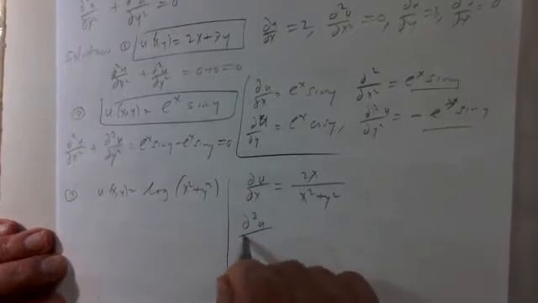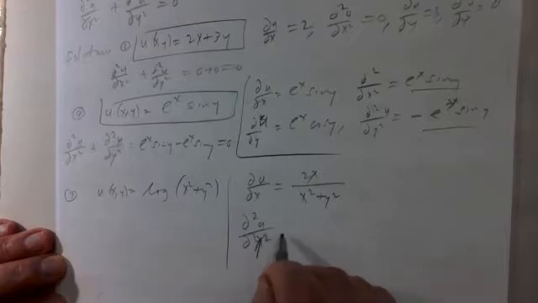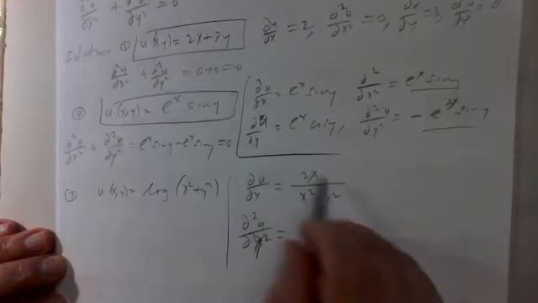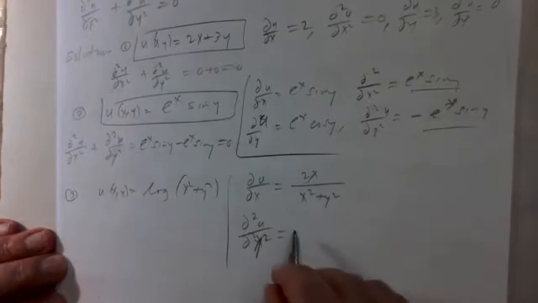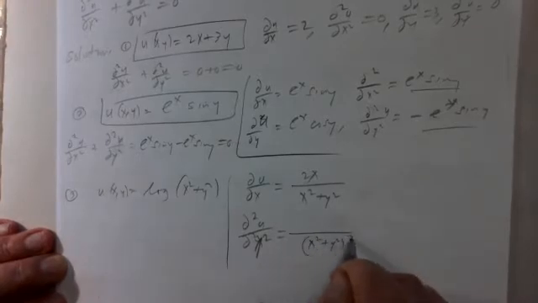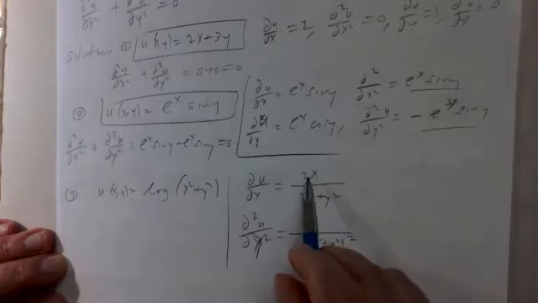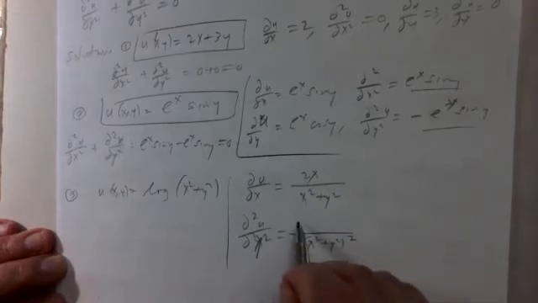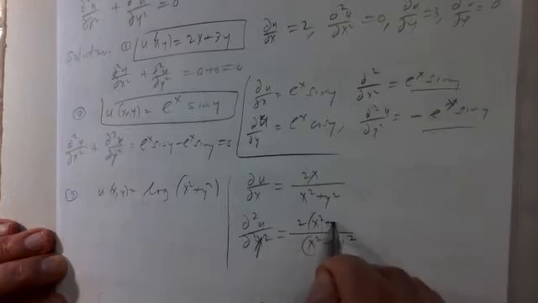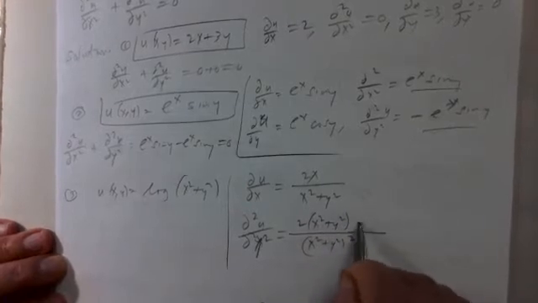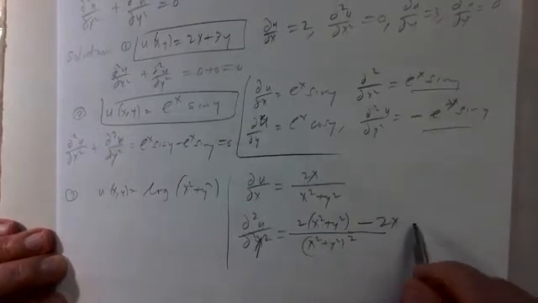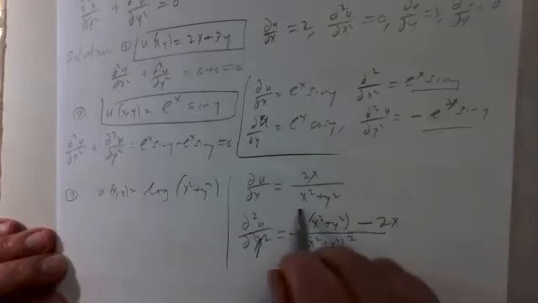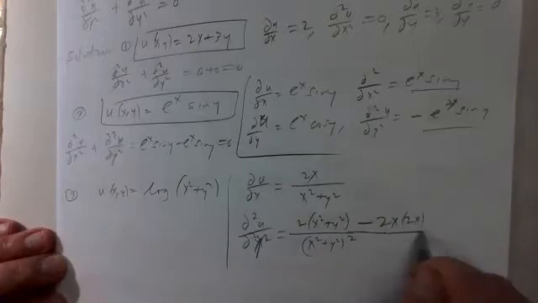And if you differentiate again with respect to x, by the quotient rule, you get x squared plus y squared squared in the denominator, and in the numerator the derivative of the numerator, which is 2, times the denominator minus the numerator times the derivative of the denominator.